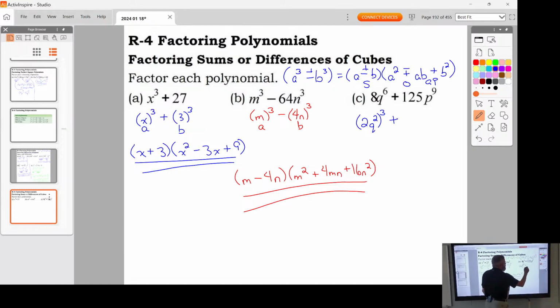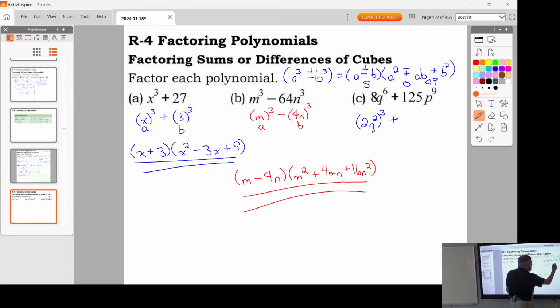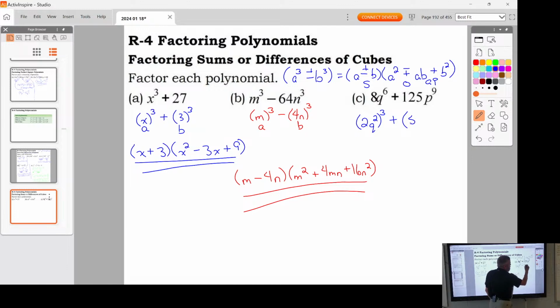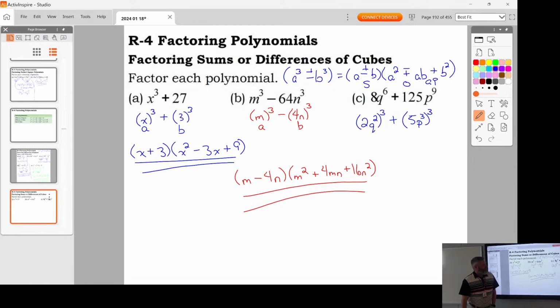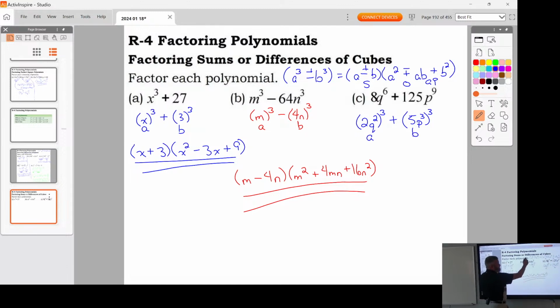Plus, what do you cube to get 125p to the 9th? 5p cubed is 125p to the 9th. I've identified my A. I've identified my B. It's the top. Write the answer.